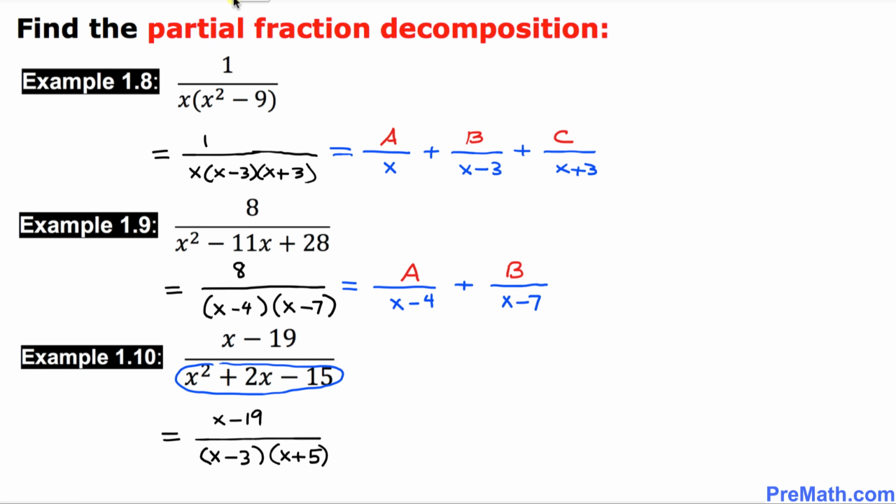And now let's focus on these two linear factors. That means we are going to put down two fractions. The first one at the denominator is going to be x minus 3, and then plus the second one is going to be x plus 5. And finally we are going to have A on the top and B for the second fraction. And once again I will show you later on how to find A and B values.